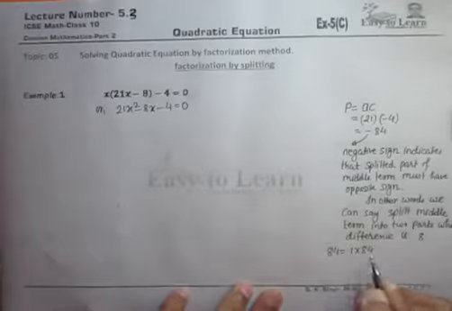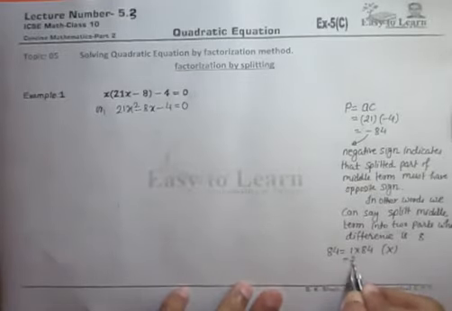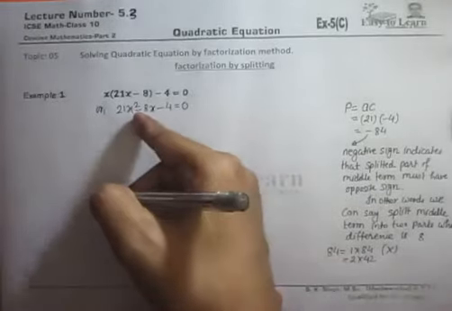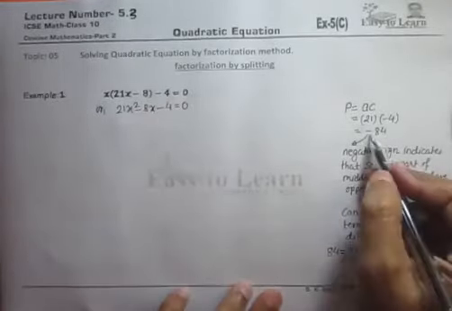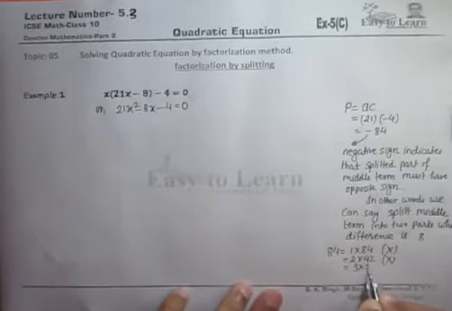Now here the difference is not 8, so this is not acceptable. Now it can be written as 2 into 42. Here also the difference is not 8. Difference must be equal to the middle term because here the product is negative, so not possible. Now 3 into 28.